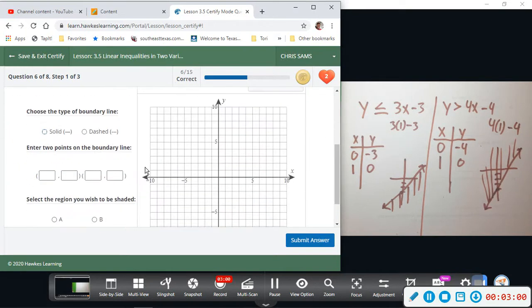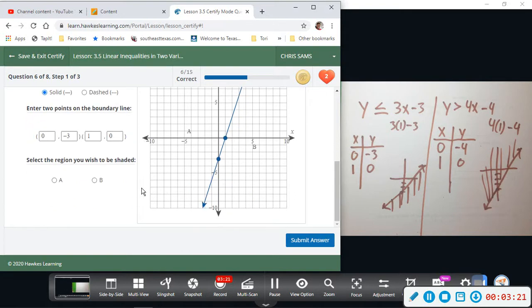Alright, so the first one is a solid line. We know solid because it has an underline underneath it. Alright, ordered pairs, 0, negative 3, and then 1, 0, and we want to shade below because that said y is less than. Y is less than, lower that line. So that's the B side.